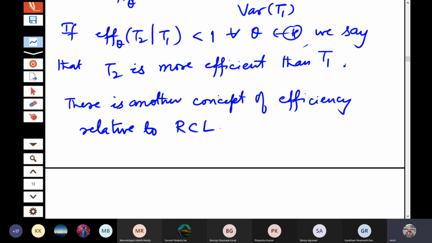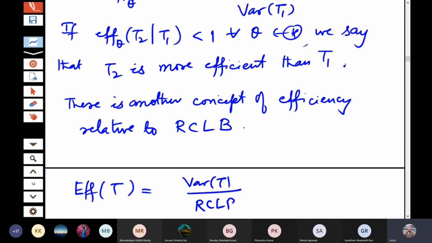Since we have shown that CRLB is the smallest value that the variance of an estimator can achieve, therefore we can compare with that. So it is written like this: efficiency of an estimator T is defined as variance of T divided by CRLB.